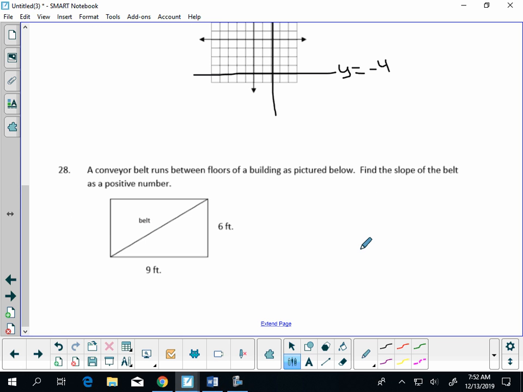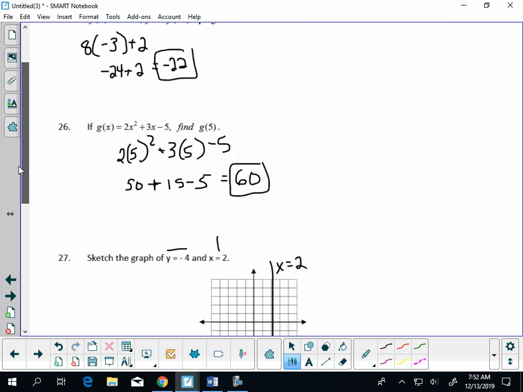All right, 28 looks like it's going to be a tough one. It's not. They're finding the slope. Slope is rise over run. Your rise is 6. Your run is 9. That reduces to 2/3. So that's all there is on that one.